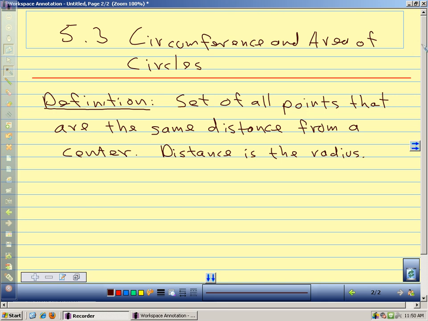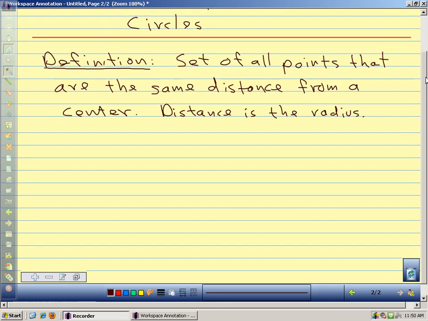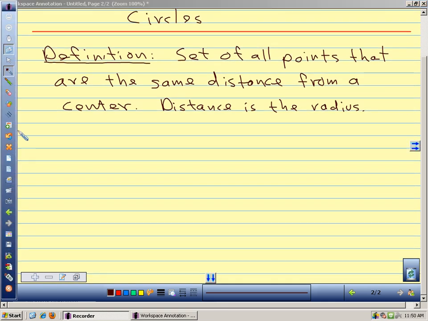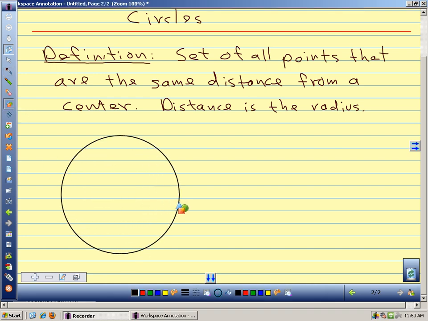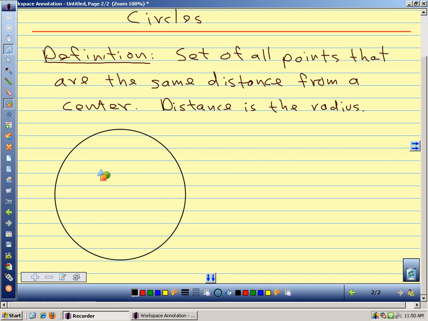So let's draw a circle, and we'll label our parts. The labeling, and yes, that will go in your flip book. So let me get the center here.